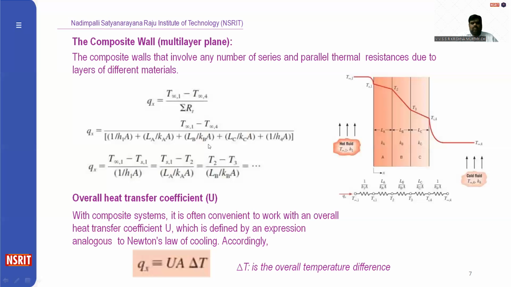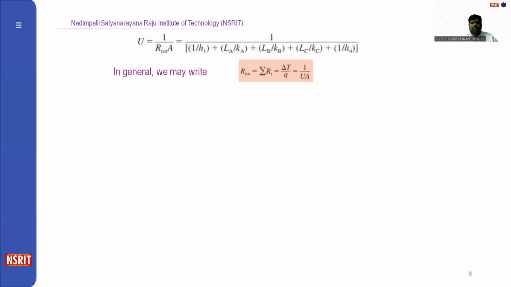So this is your formula, and this entire formula with respect to temperatures, covering convection and conduction, is called U. Within a composite system, it is often convenient to work with the overall heat transfer coefficient, which is given by Newton's law of cooling, that is Q is equal to UA into delta T. So this is your final equation.